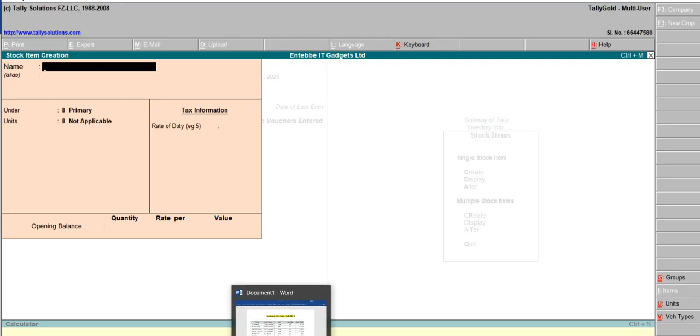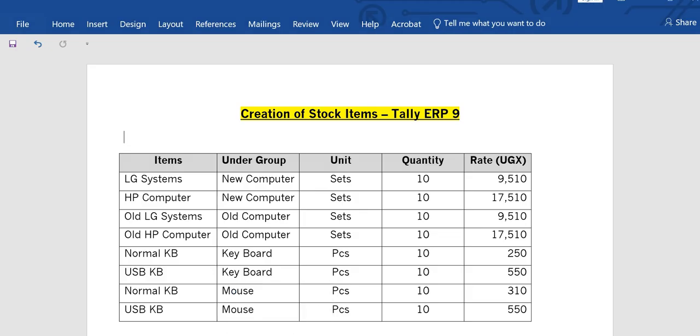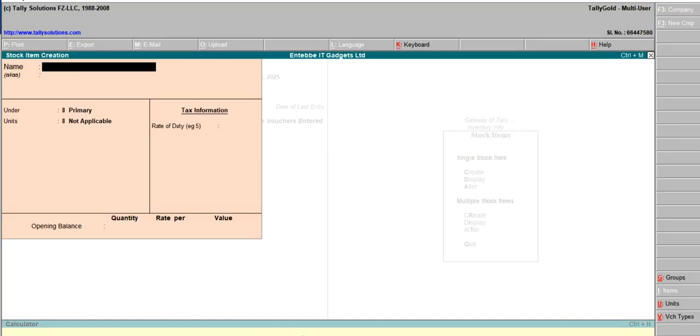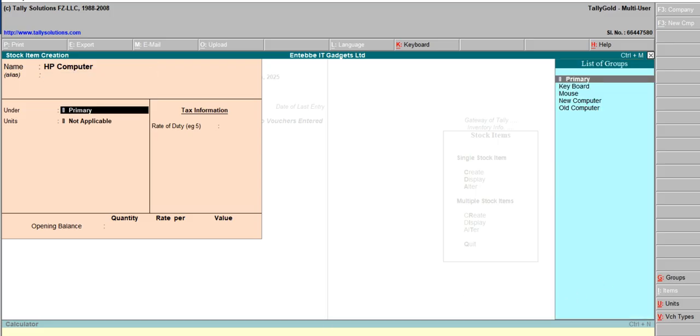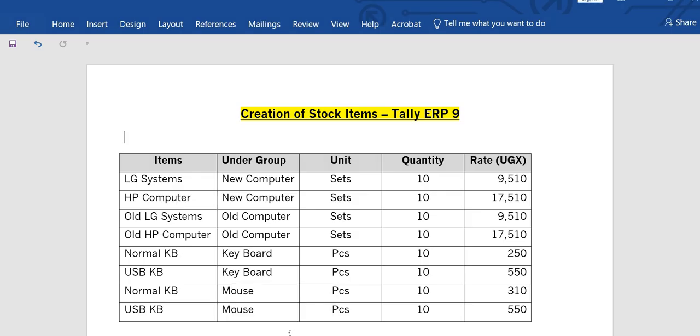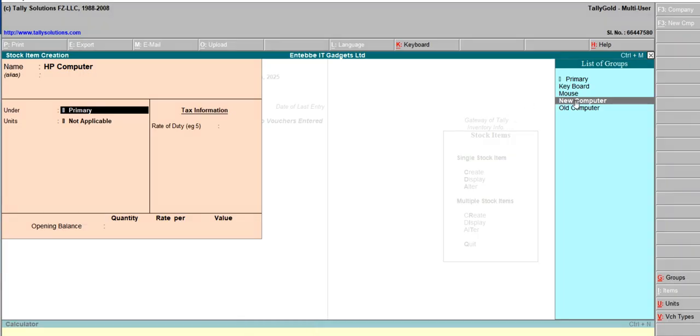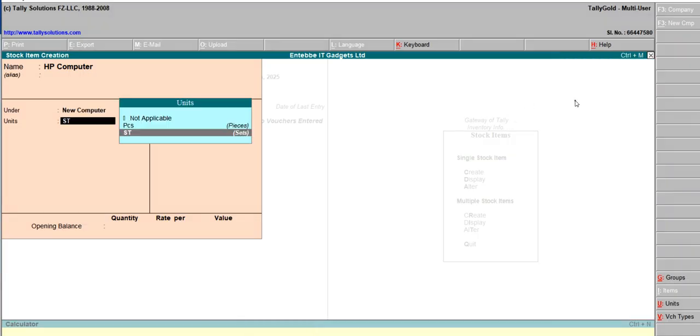Next stock item is HP computer. These are new computers. Let me confirm. They are new computers. The unit is still sets.